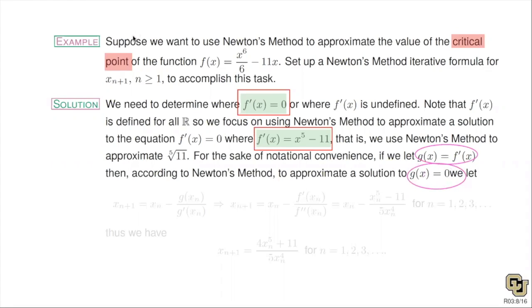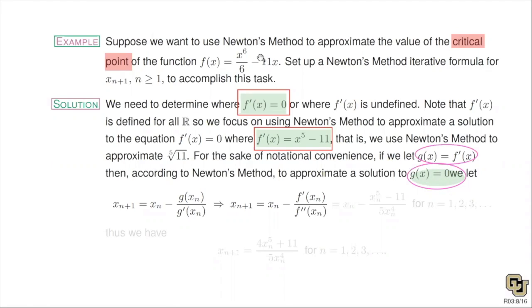Oh, and I see a typo here. I need to put a space here between the 0 and the we. So now this is the problem we want to solve with Newton's method. Not f of x equals 0, but g of x equals 0, where g of x is the derivative of f. So if you just use Newton's method, the formula would look like this if you're trying to solve g equal to 0, and here g equals f prime.